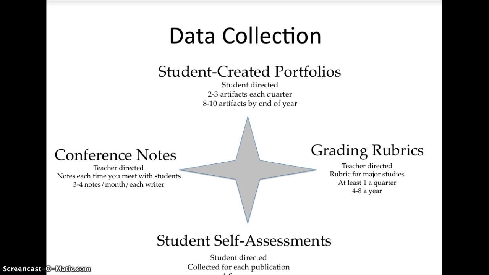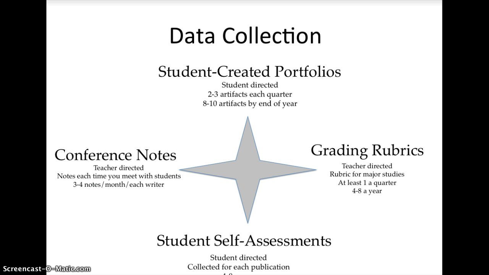It can be a whole collection of things. In portfolios, it's not just finished final products that are perfectly edited. They might choose to put a couple pieces in there that show a finished product, but they don't have to.